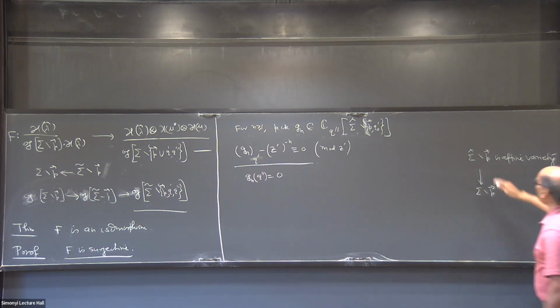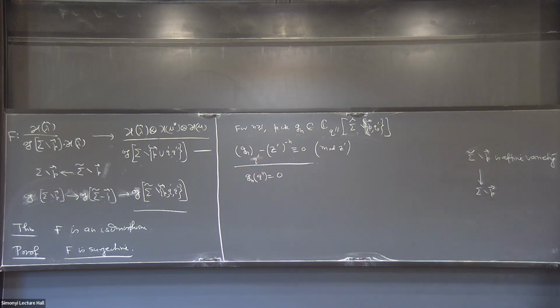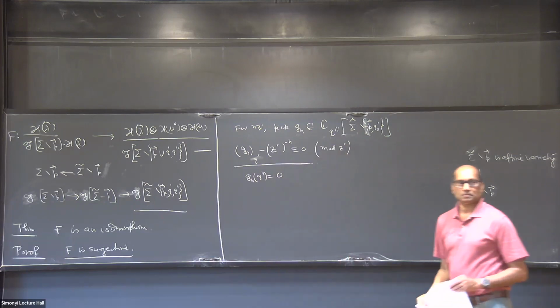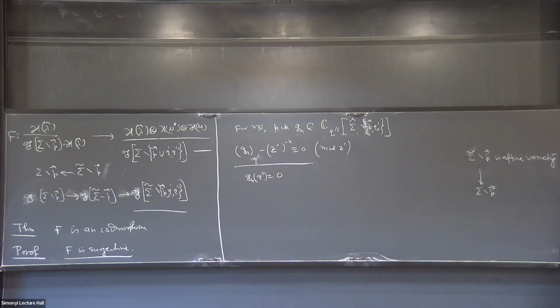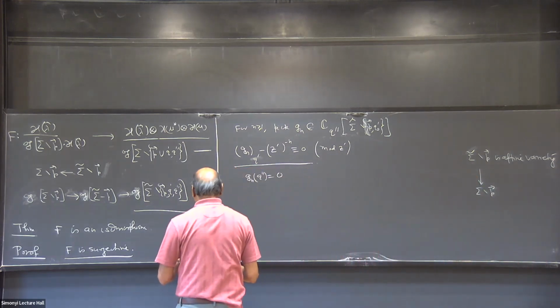Sigma, sorry, you are right, this is the normalization at that one point. So this is an affine variety. I remove one more point, it's still an affine variety. So now, since it's an affine variety, I can make such a choice.